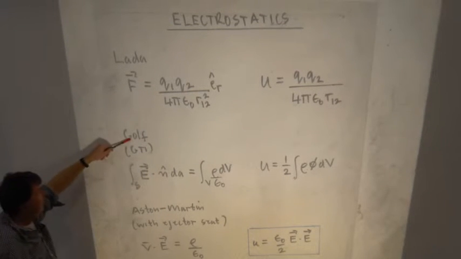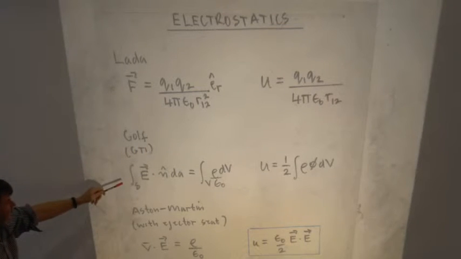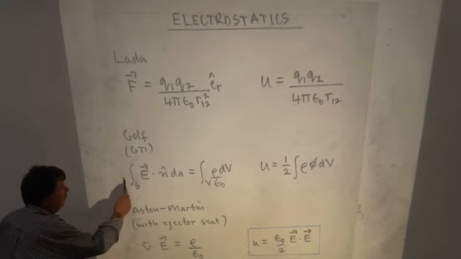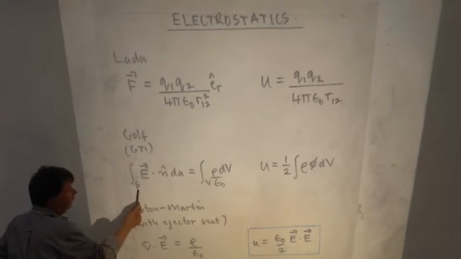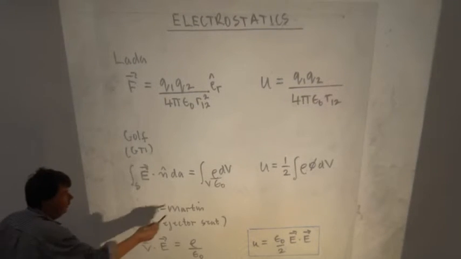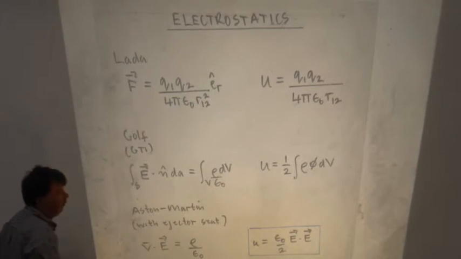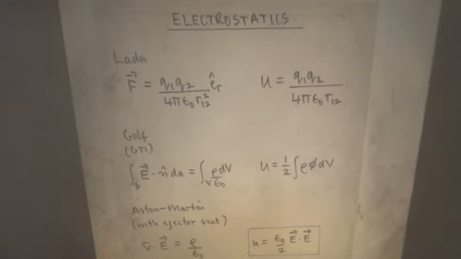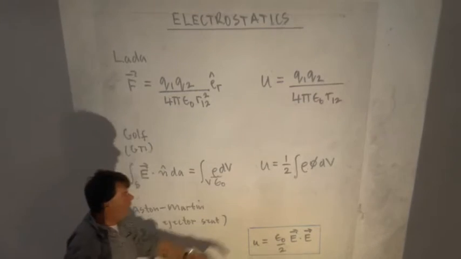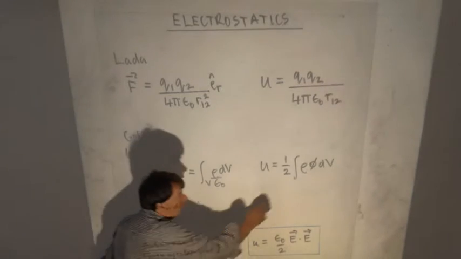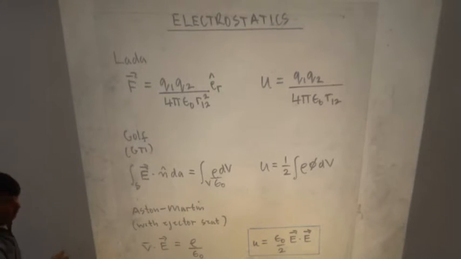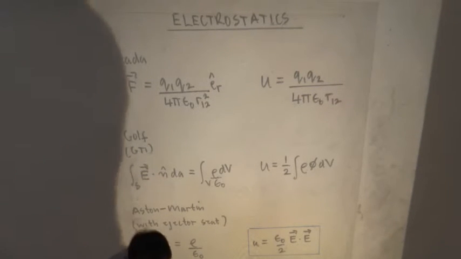And then you go on now to a more sophisticated way of looking at electrostatics. You rewrite Coulomb's law in the form of Gauss's flux law, that the surface integral of the electric field is the volume integral of rho over epsilon naught integrated over the volume. The comparable degree of sophistication for the energy formula is a half rho psi dV, which is the formula on that board there.